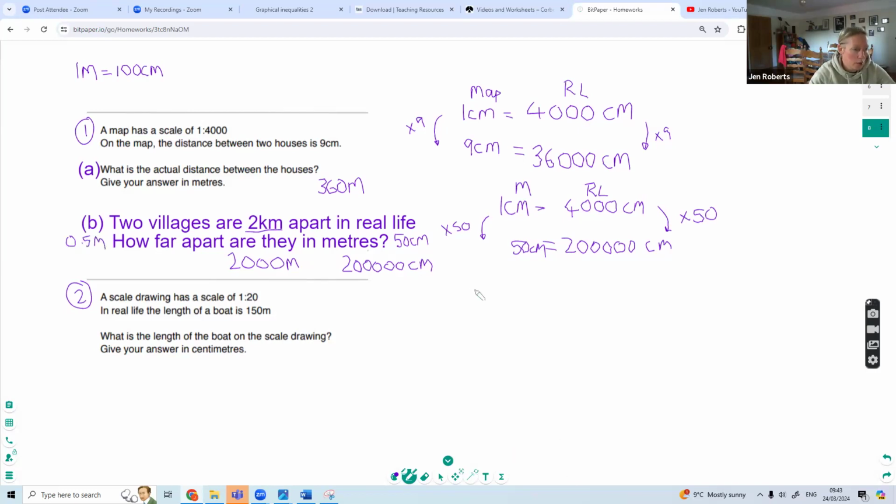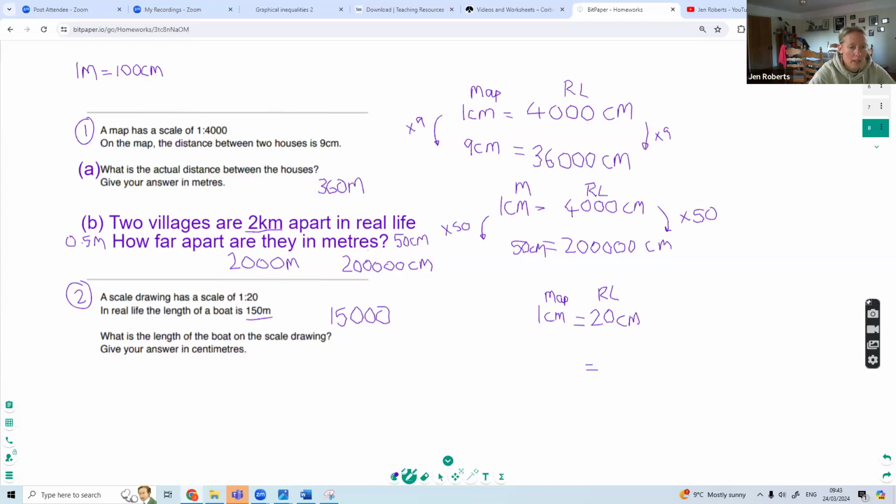Okay, we've got a scale drawing. A scale drawing has a scale of 1 to 20. So again, 1 centimetre on the map, or this is on the scale, but we can call it the map, is 20 centimetres in real life. Now, in real life, the length of a boat is 150 metres. We want that in centimetres, so we're going to times it by 100.